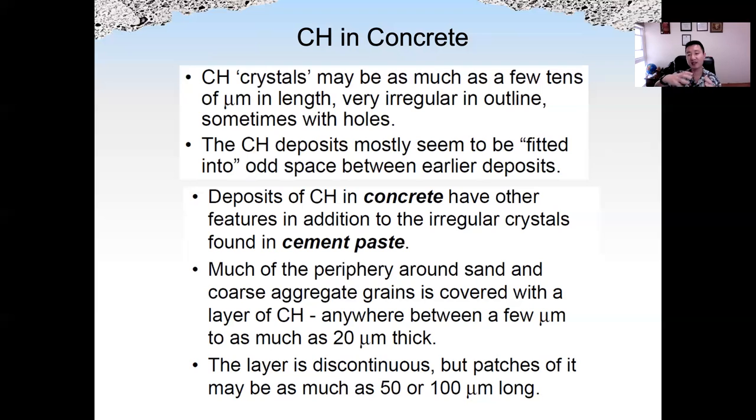Okay, so in the ITZ area, the boundary of aggregate and cement paste, very often we can find a lot of calcium hydroxide, because again, calcium hydroxide tends to deposit in empty space. So whenever there's a space, such as the ITZ, calcium hydroxide tends to occur there.